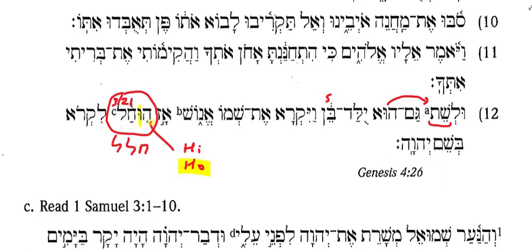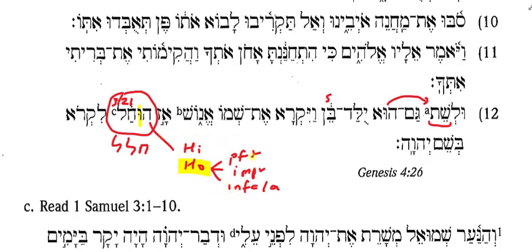And where does the hofal have the hey visible? It's in the perfect and, well, if it had an imperative, it would be there. And in the two infinitives, right? Infinitive construct and absolute. Okay.